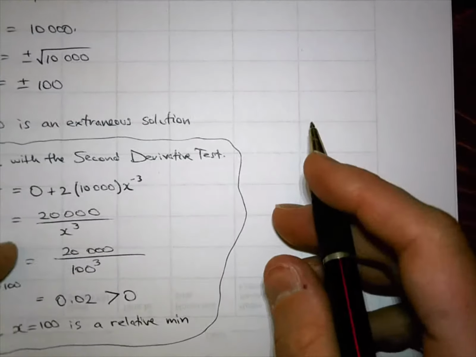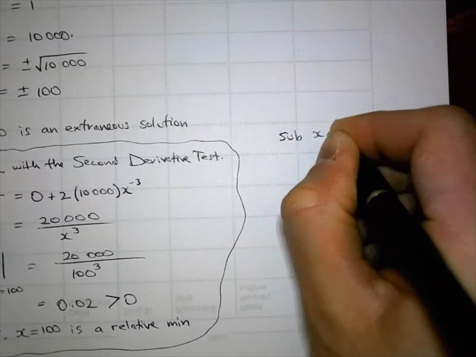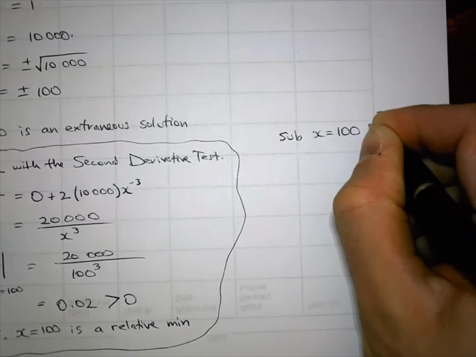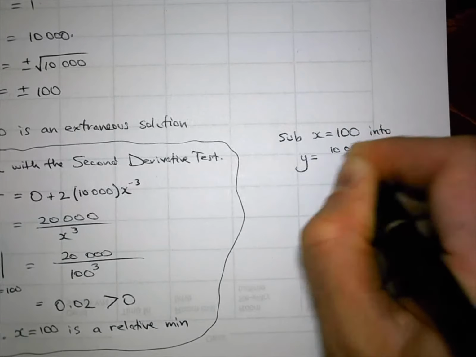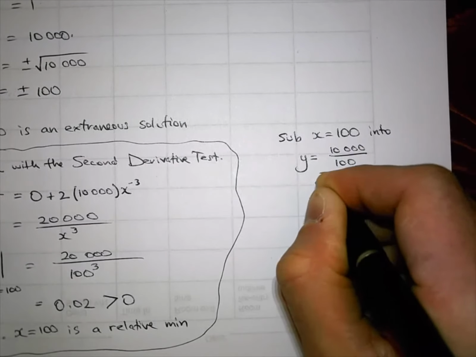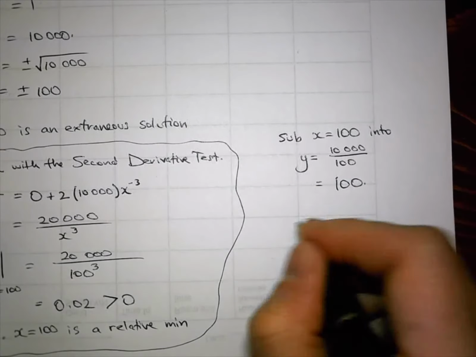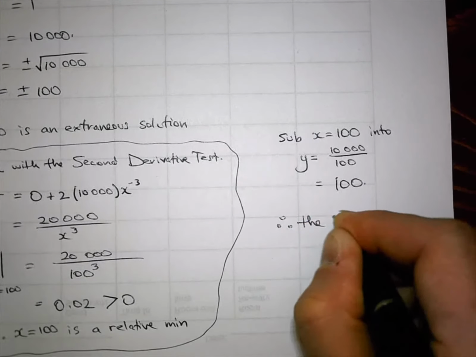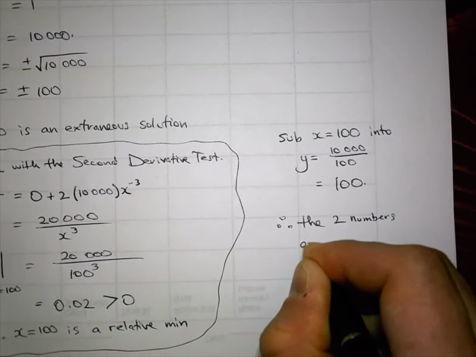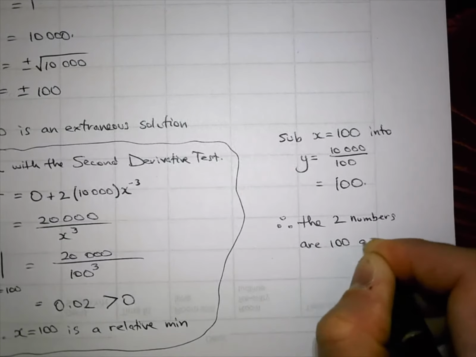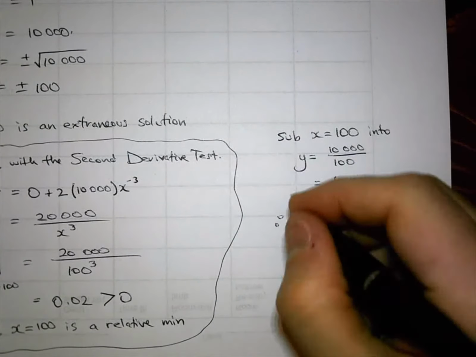I'm going to sub x equals 100 into y equals 10,000 over 100. And that gives me 100 as well. So therefore, the 2 numbers are 100 and 100.